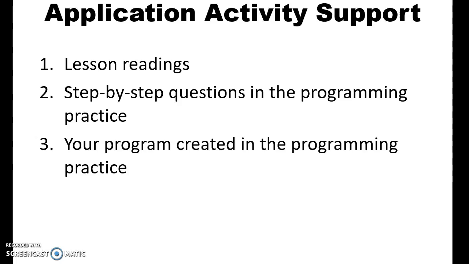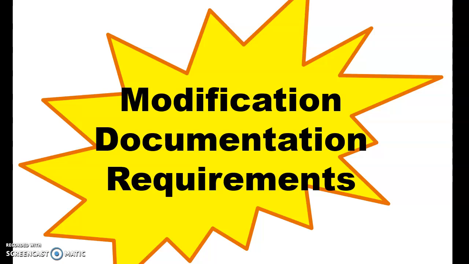Remember, all skills necessary to complete the application activity tasks have been previously addressed in the lesson, either in the reading or in the step-by-step questions of the programming practice. You're not being asked to complete any tasks that include concepts that have not already been addressed or taught. All right?